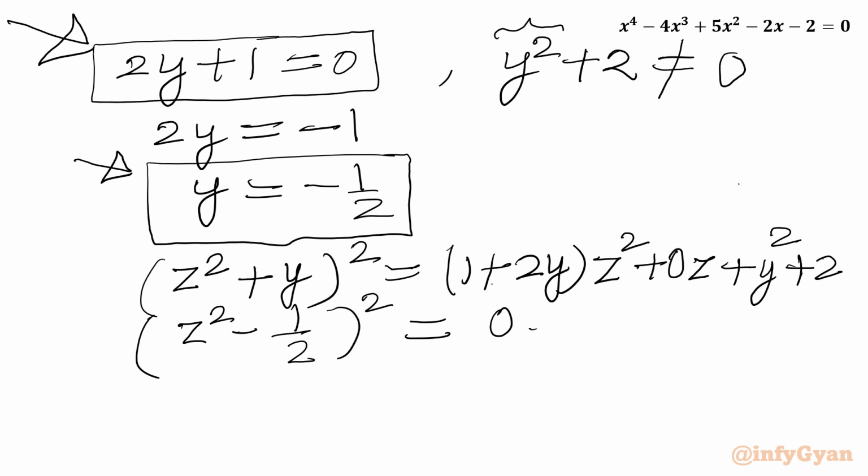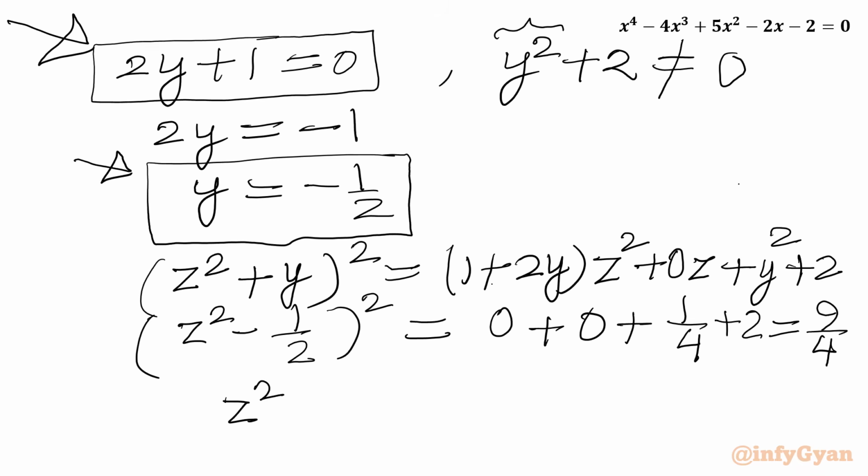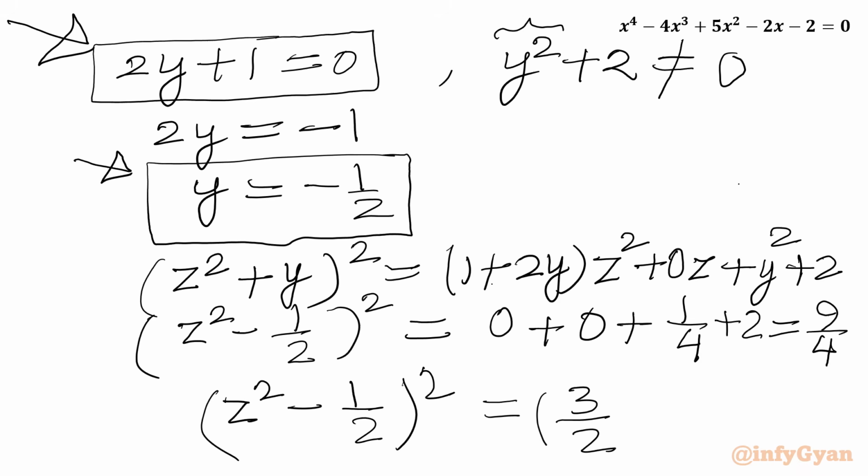So 0 plus y square will be 1 over 4 plus 2, which will be equal to (1 plus 8) over 4, which is 9 over 4. So in the LHS we have (z square minus half) whole square, and in the RHS we have 9 over 4, which we can write as (3 over 2) whole square.